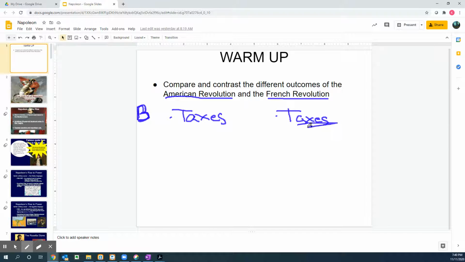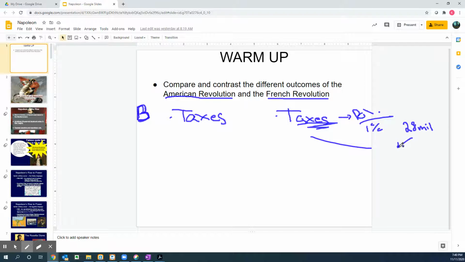French Rev also fights for taxes, but their main thing is political. They want political reform more than anything else, because as we know, roughly about 1% of the 28 million people that lived in France at that time actually had any political say under absolute monarchy.